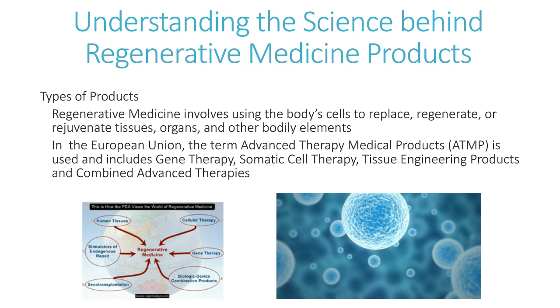The terminology in the EU has typically been ATMP, Advanced Therapy Medicinal Products. It includes gene therapy, somatic cell therapy, tissue engineering products, as well as combinations thereof. We're going to focus a little more on cell and gene therapy today, but I think there's value in looking at MES even for tissue engineered products.